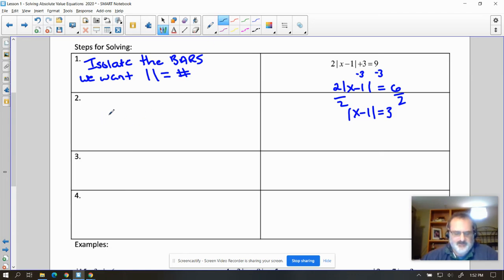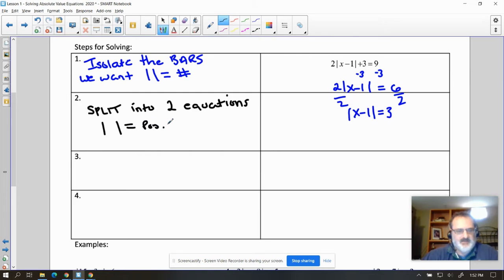Second step. Our second step is to split into two equations. We want the absolute value of whatever's inside the absolute value equal to the positive value of this number, and equal to the negative of this number.